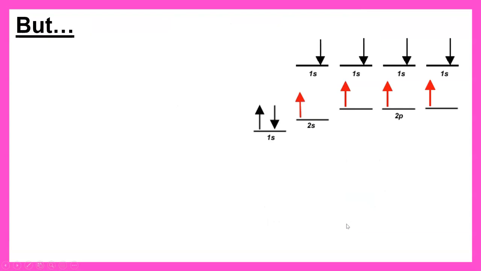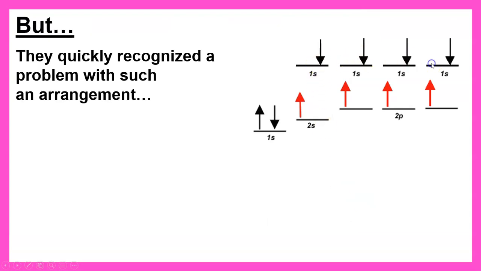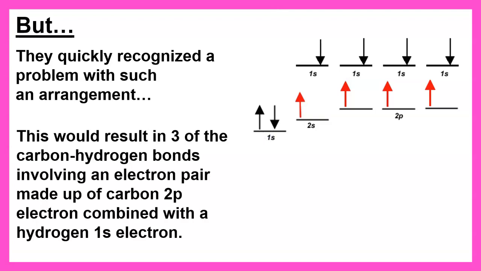If we have our 4 hydrogens up top and we have our boosted carbon down here, can you see that there is an issue with not all the bonds being formed being identical?